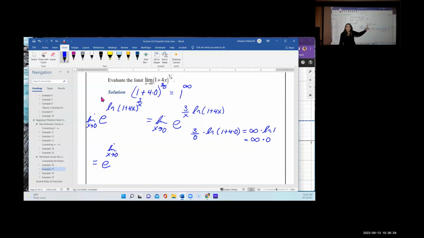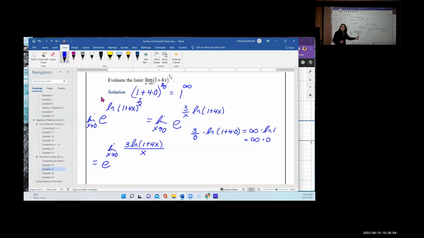It always stays in the numerator. The obvious thing to do is to slide the x in the denominator underneath the whole thing and to write it as 3 times the natural log of 1 plus 4x all divided by x. That puts it in fractional form.